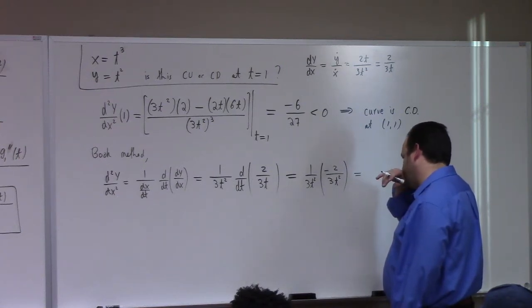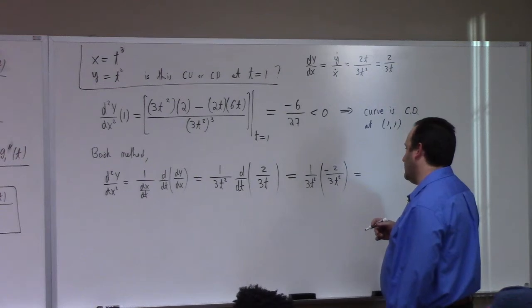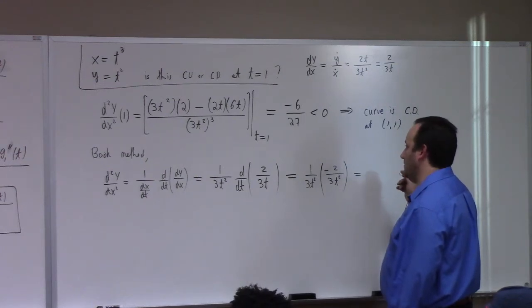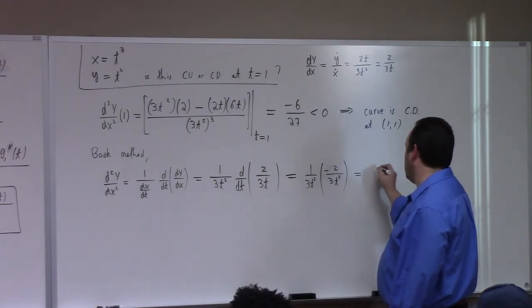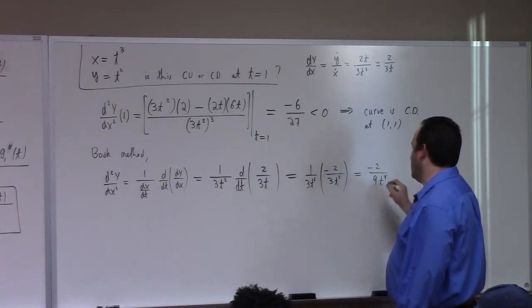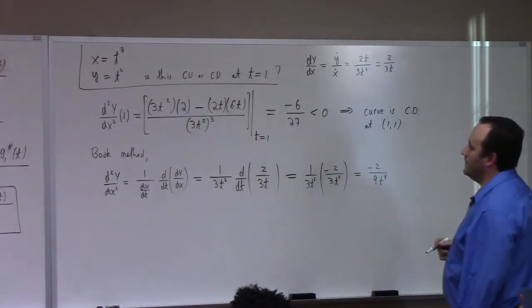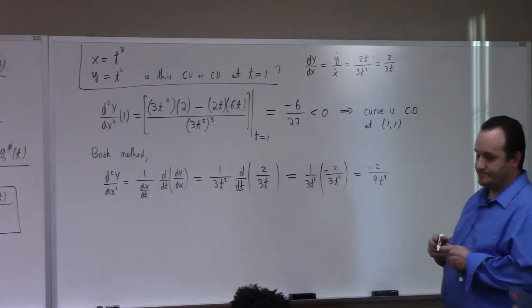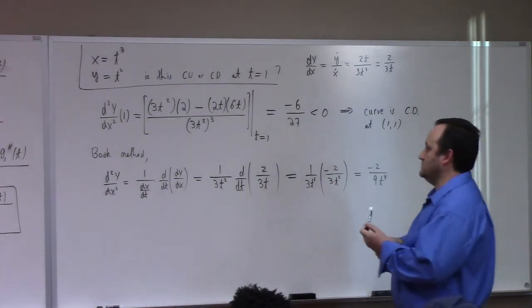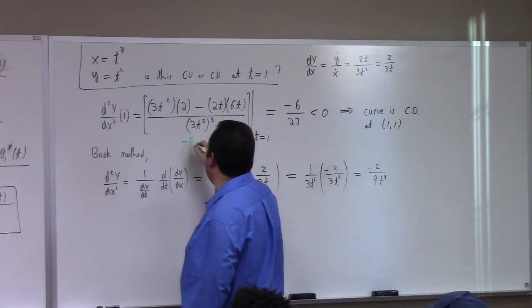I think I just did, what is it again? I'm sorry. Minus 2 over 9t to the fourth. What is this? Minus 6 on the top, right?